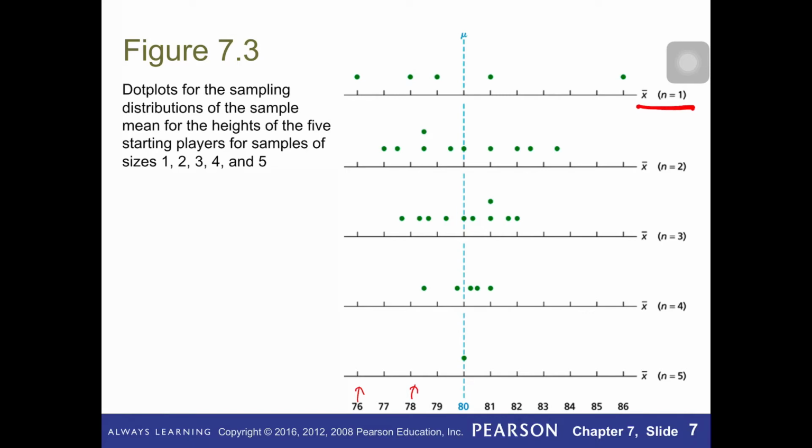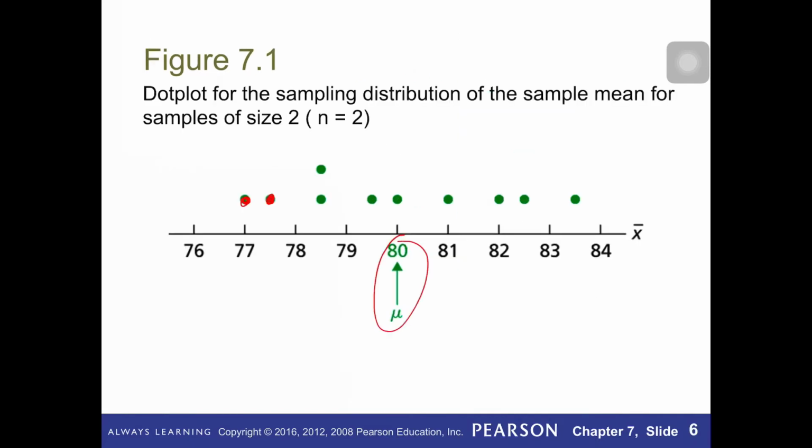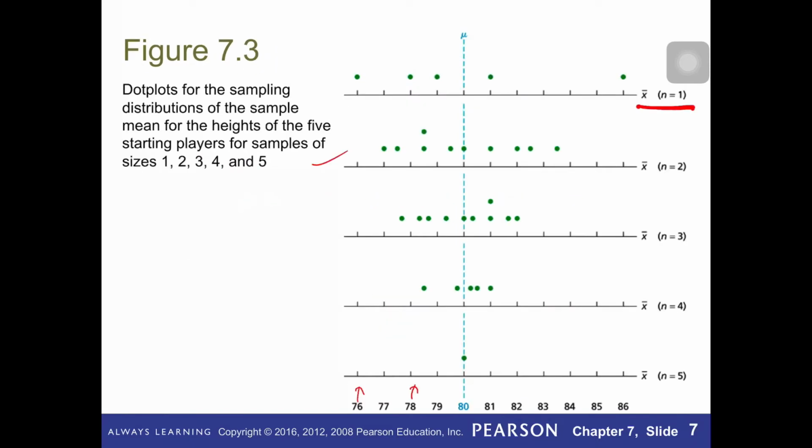The second one is mentioned here, on the last page. The third one is n equals 3, which means ABC, ABD, likewise, and we get the mean of these 3 samples. Since there are 5, you can extend this up to 5.